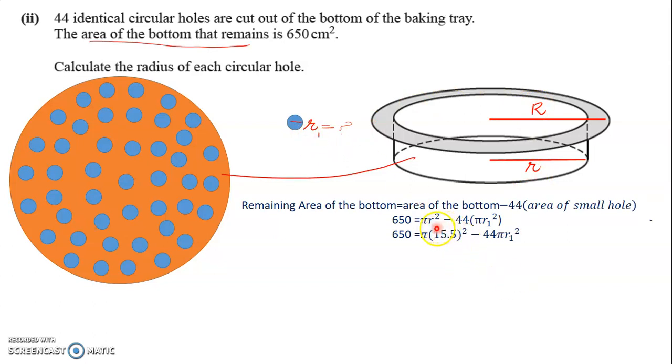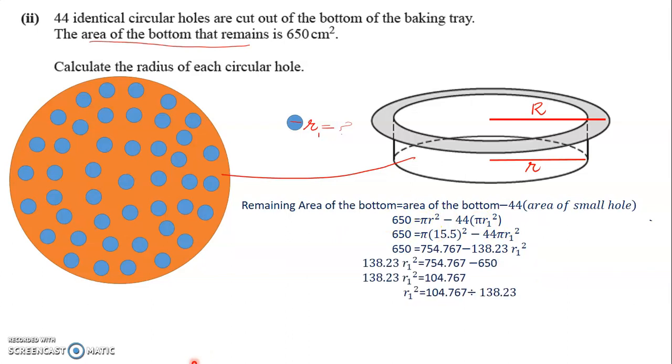So after putting the values of small r and r1, you get this kind of equation, and eventually after solving it we get our answer, which is 0.87 centimeter, the radius of this small circular hole.